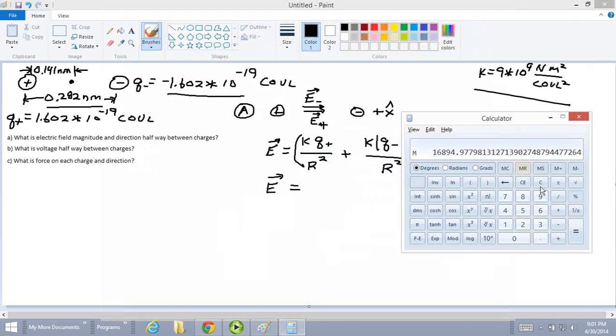Clear it out. 2 times 9 times 10 to the 9th, times 1.602 times 10 to the negative 19th, and then divided by 0.141 nanometers, which is times 10 to the negative 9th meters, and that would be squared, equals, and I'll turn it into scientific notation, 1.45 times 10 to the 11th.